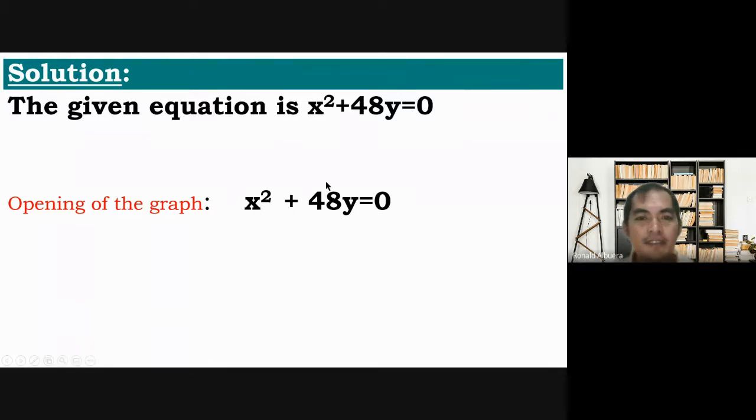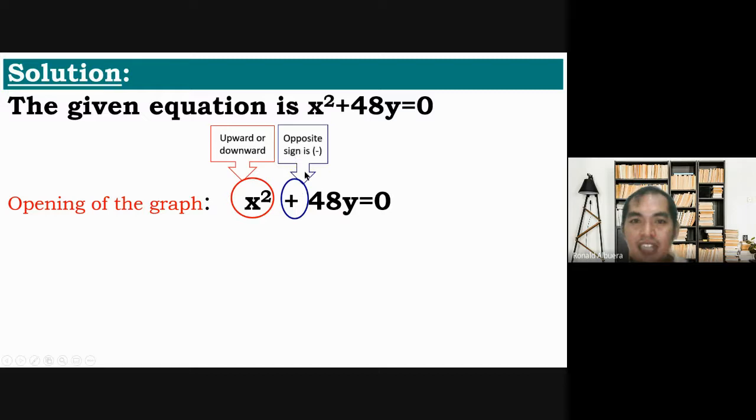Tingnan nyo lang ang may square na variable x. Meaning, it's either upward or downward. Pag ang may square ay x, it's either upward or downward. Tingnan ang sign ng katabing term. This is positive.